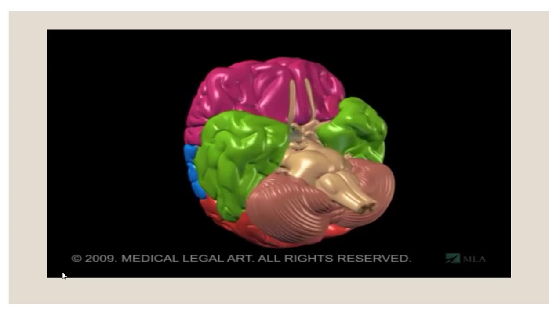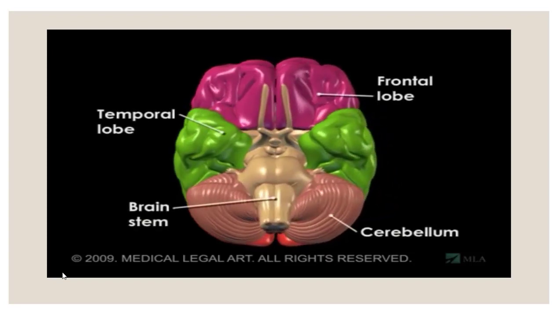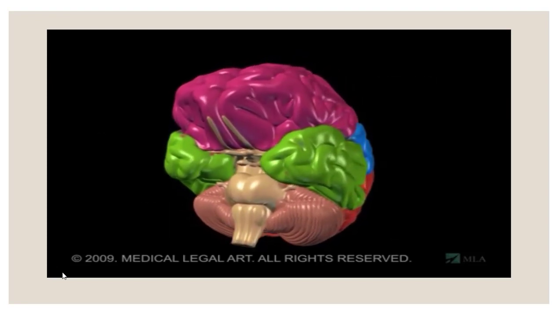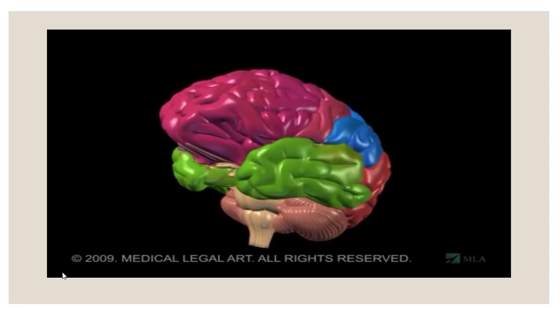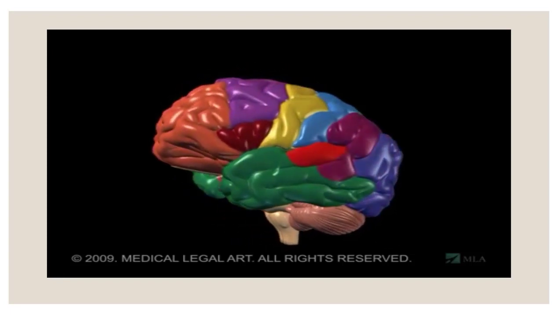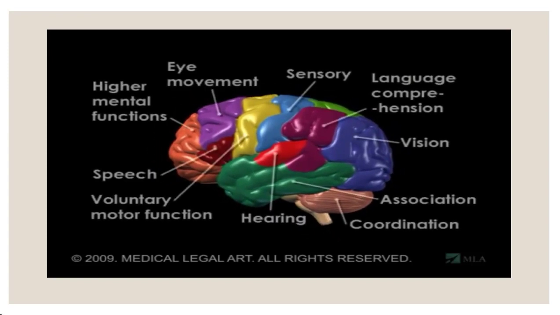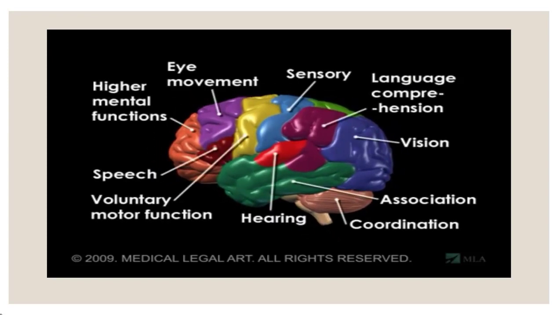From the down view, we show the temporal lobe, frontal lobe, brainstem, and cerebellum on the right side.